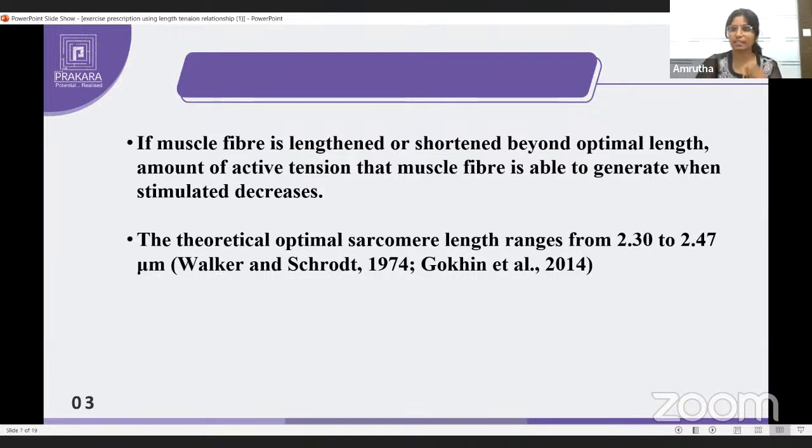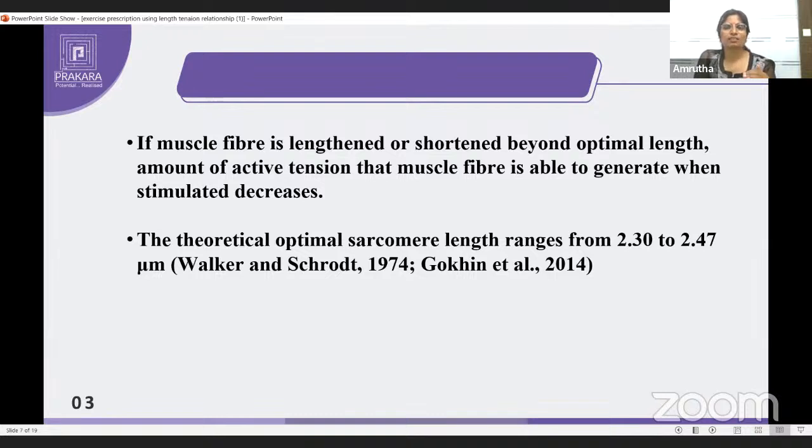Here there is a slight confusion you will get between optimal sarcomere length and resting sarcomere length. Theoretically, I can't go to each and every patient and tell them that 2.30 to 2.47 micrometers is the optimal sarcomere length of your so-and-so muscle. This is a theoretical reading completely.